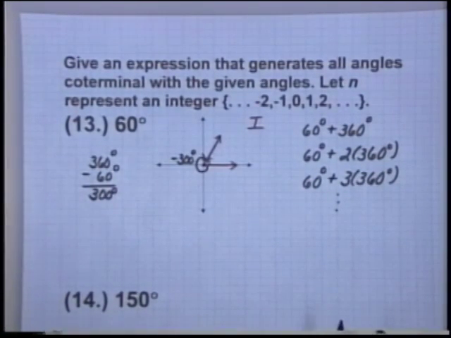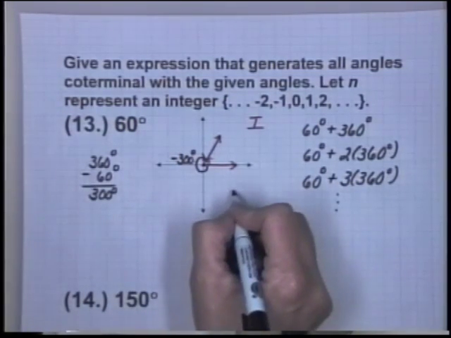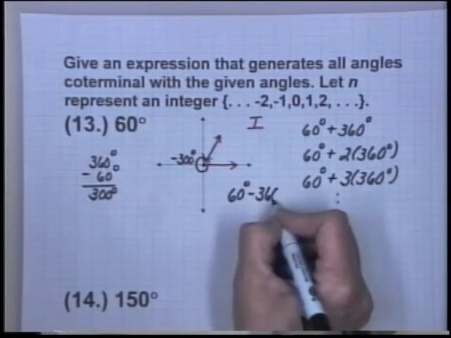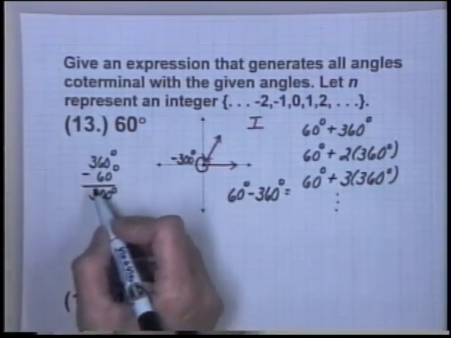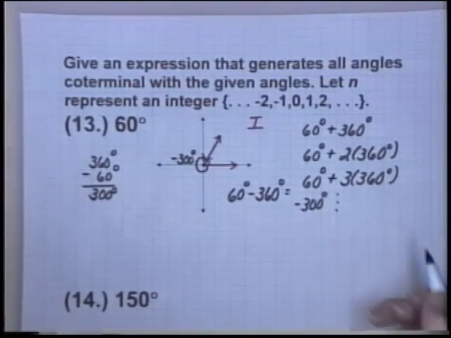But I want you to look at something. Do you see that if we had taken 60 and subtracted 360 degrees from that we would have gotten the negative 300 degrees?